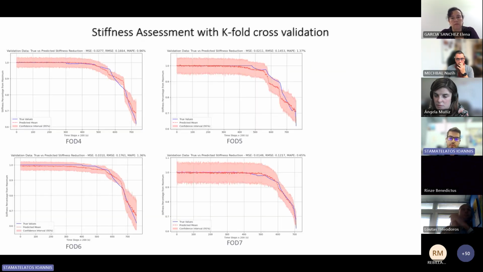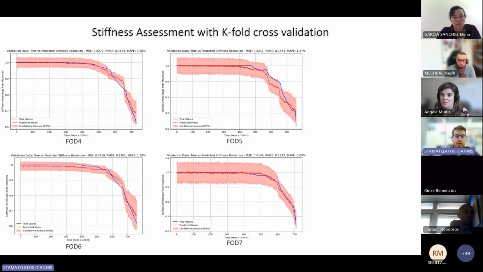So, because we had only 4 specimens, 4 panels, we applied the k-fold cross-validation method, where in each training cycle, we left one panel outside to be unseen by the network, and then we validate and calculate some metrics like mean square error, root mean square error, and MAPE using this unseen validation set.